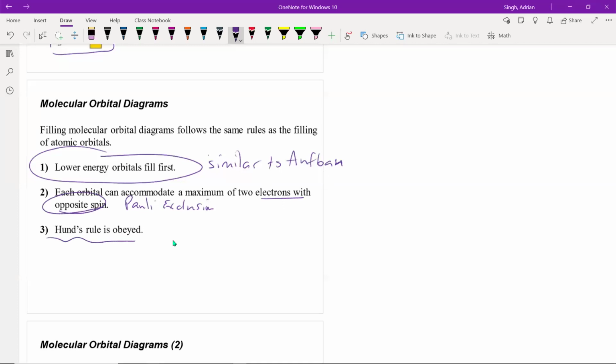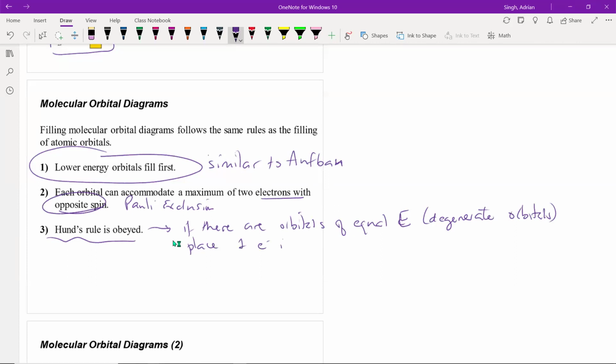And then we're also going to follow Hund's rule, right? So if there are orbitals of equivalent energies, so these are degenerate orbitals, in other words, we're going to place 1 electron in each orbital before pairing up.